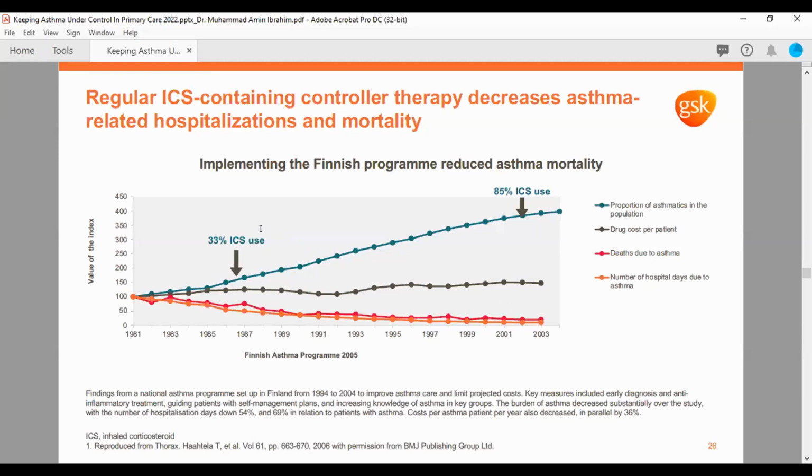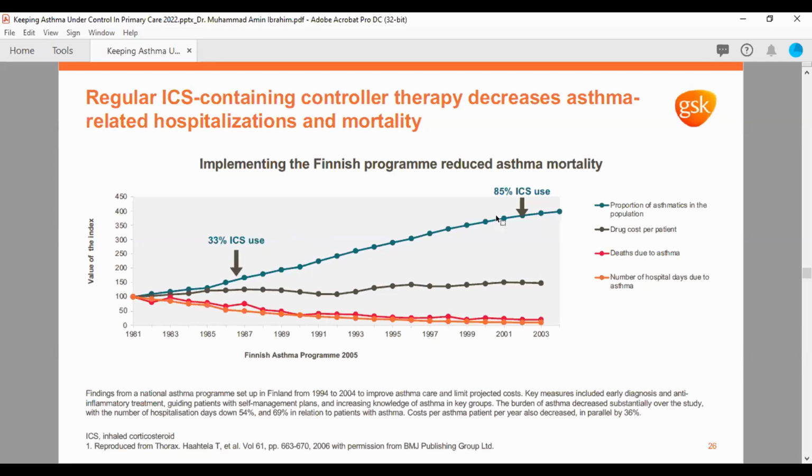The reason for that is the high use of inhaled corticosteroid. In 1986, one third of asthmatic patients were on inhaled corticosteroid. In fact, by the year 2001, almost all, 85% of patients, were on inhaled corticosteroid. So giving inhaled corticosteroid saves lives.